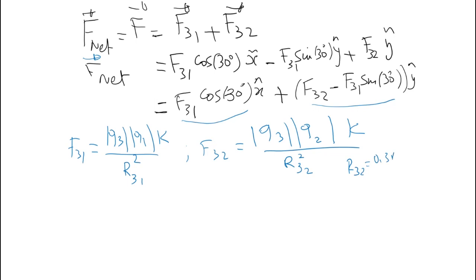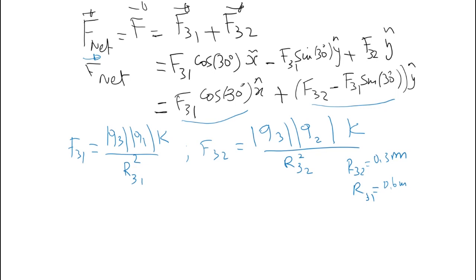R32 is 0.3 meters. R31 is 0.6 meter, which is 60 centimeters. Then you do the math, you have the charges. Q3 is 65 microcoulomb, Q1 is negative 86 microcoulomb, and Q2 is 50 microcoulomb.